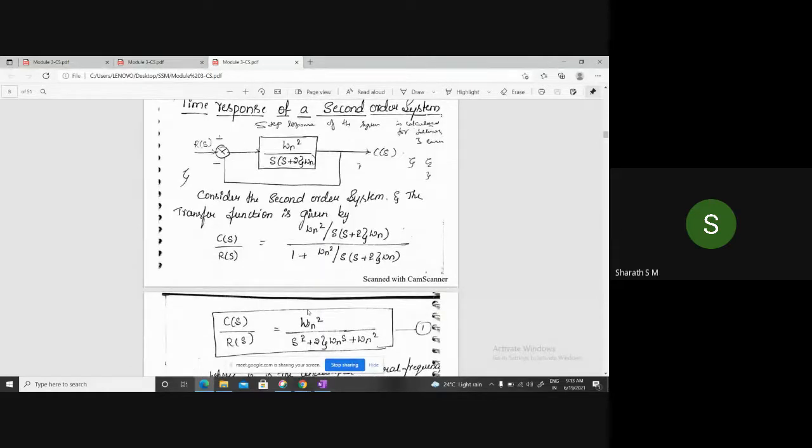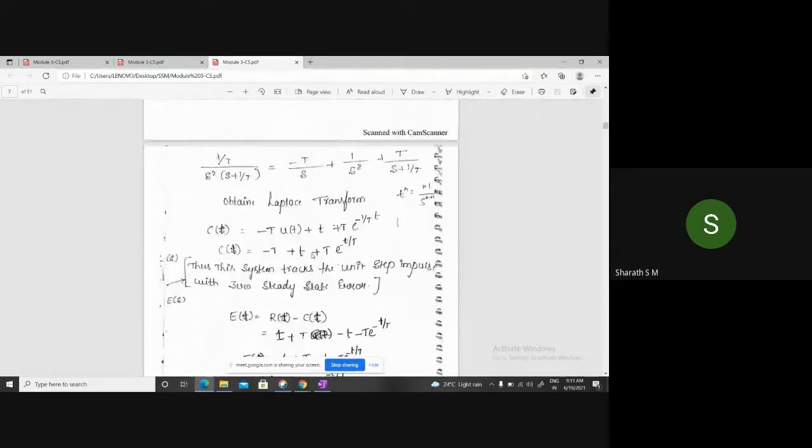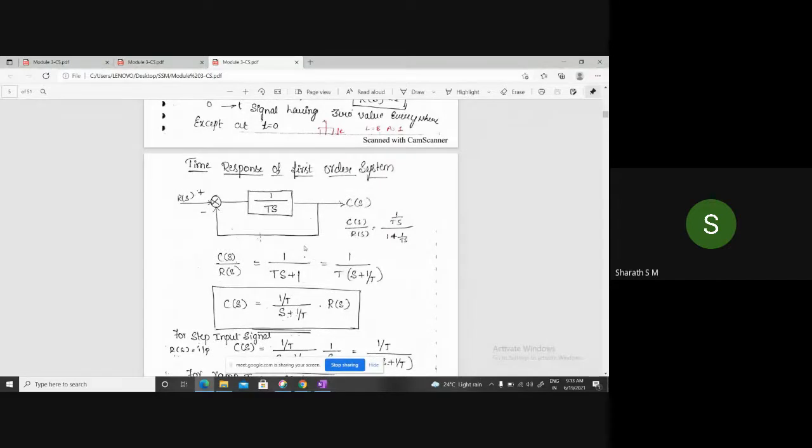So write down the second order system. First copy down the first order system. Just we need to solve the problems. For that we need these two equations.